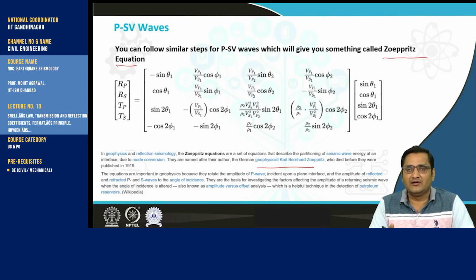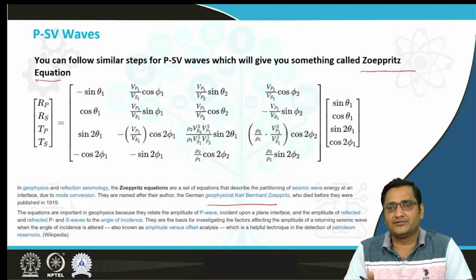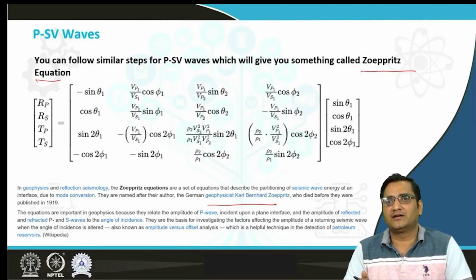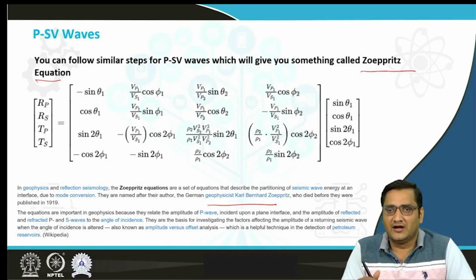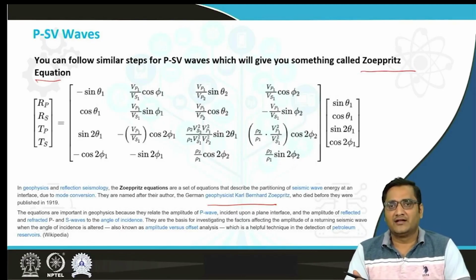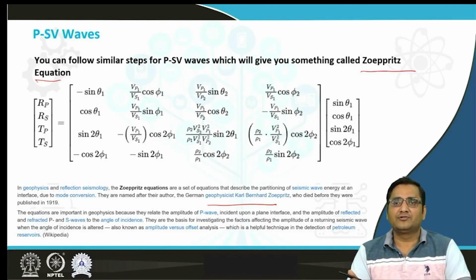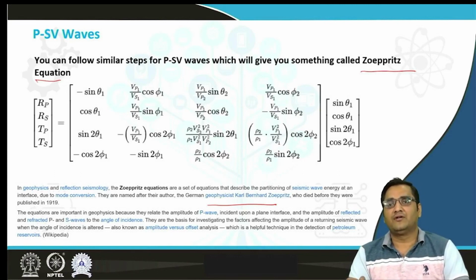And it also shows the variations of the amplitude of the reflected and the transmitted energy with respect to the incident angle, or sometimes it is also known as amplitude versus offset, and it is considered a very helpful technique in the detection of petroleum reservoirs.